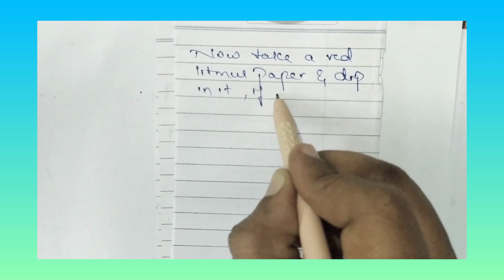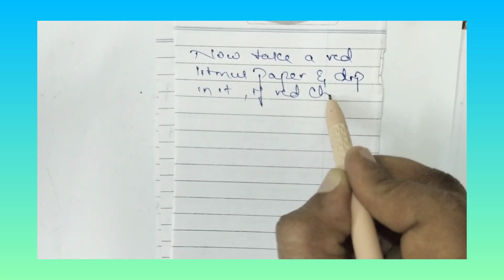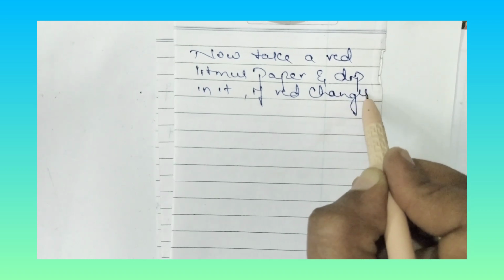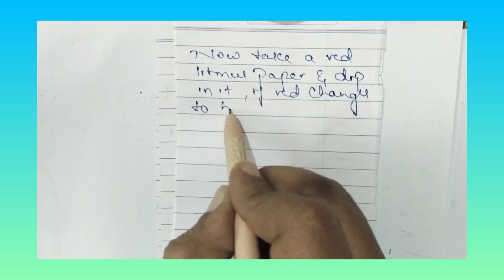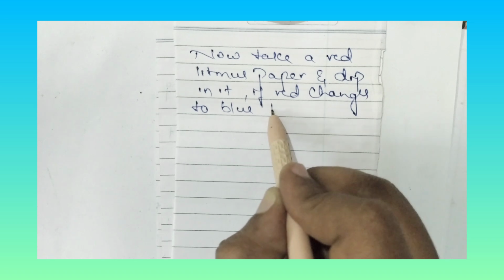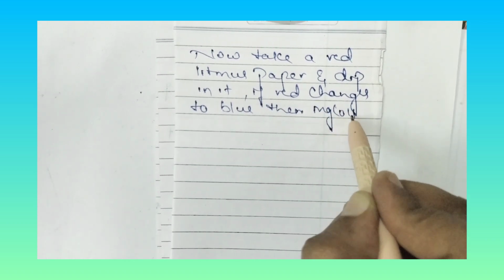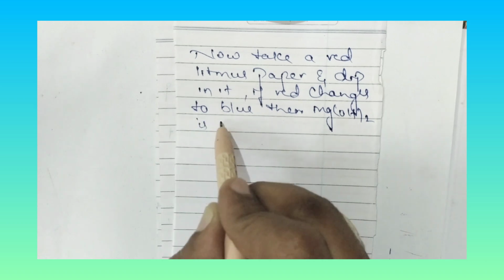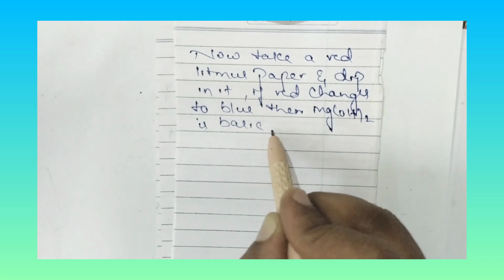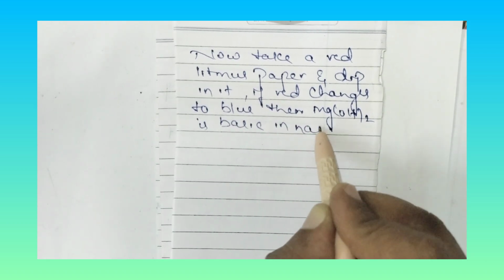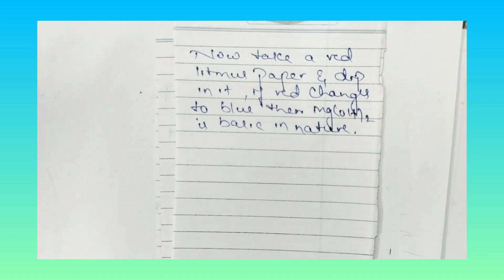If red changes to blue, then magnesium hydroxide is basic in nature. So like this, by experiment we have to prove that most metals give rise to basic oxides.